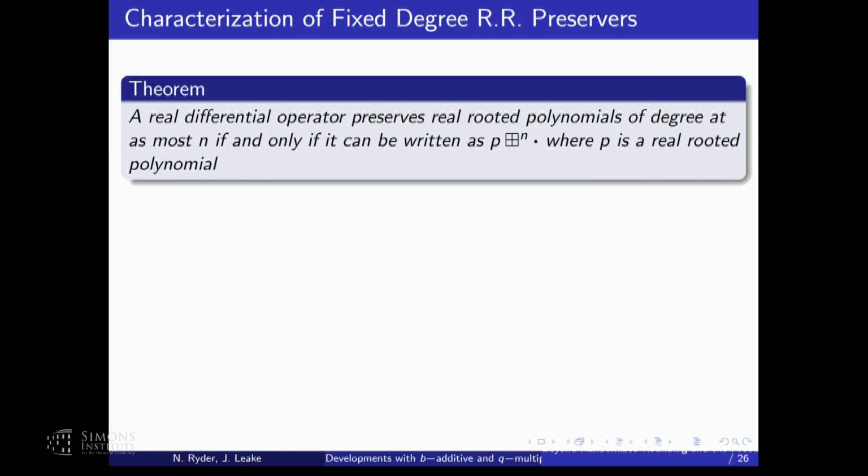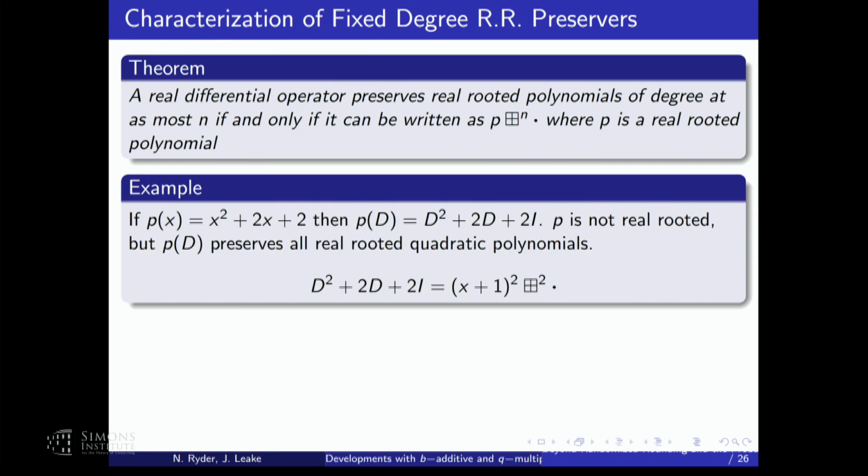OK. So a theorem that was mentioned earlier is that a real differential operator preserves polynomials of bounded degree at most n if and only if it can be written as additive convolution by a fixed polynomial. So let's go back to that example I had. Here, my example was d squared plus 2d plus 2i.